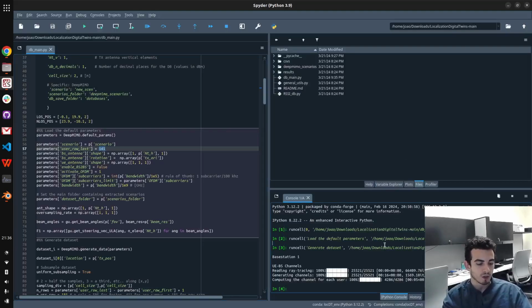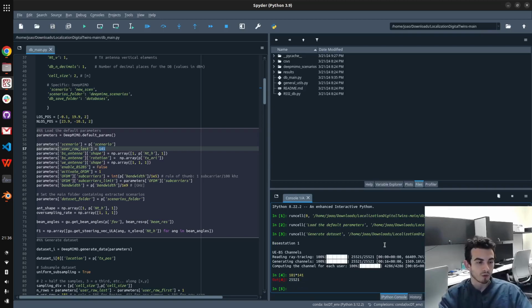So if we do here 181, because we started at minus 90 and went to plus 90, including the 0, and we multiply this times 141, we get this number, which is the number of users we generated here. But then we filter down the channel to users spaced every other user, essentially.